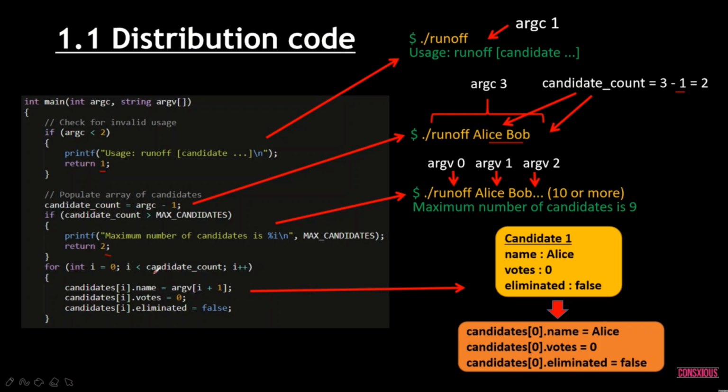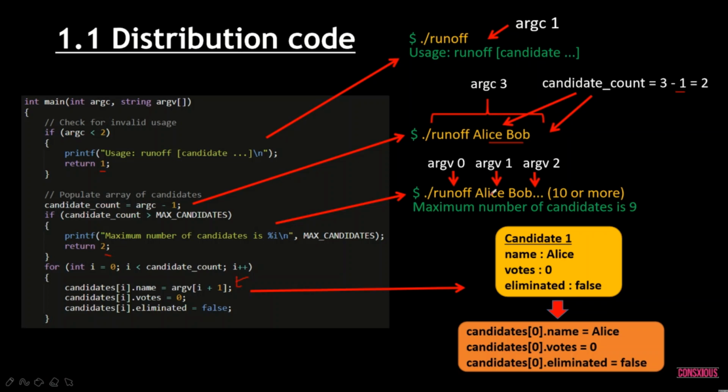So next is the struct, how we assign the data into here. Just do a loop up to the candidate count, and .name, .votes, .eliminated. This is how we assign. So why does .name have a special indication here? As I mentioned previously, if you put i directly here, it will just go to ./runoff.